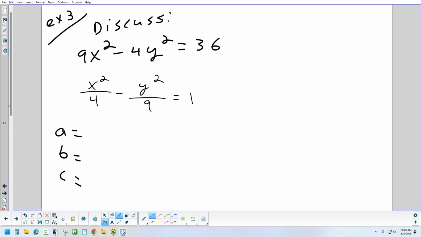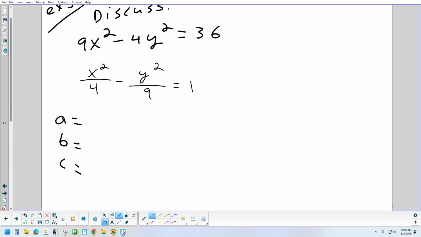Okay, let's go through and do what we did last time. What's the A value in this one? Yep, 2. A is 2. B value? Yep, 3. And what about my C value? Yes, root 13. Perfect.